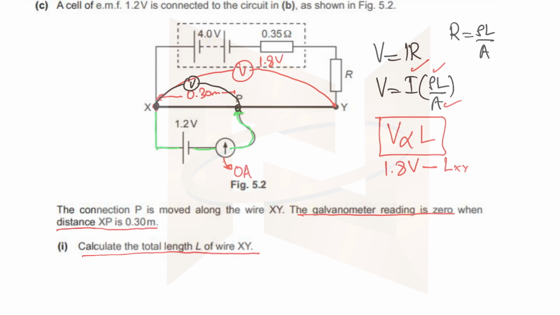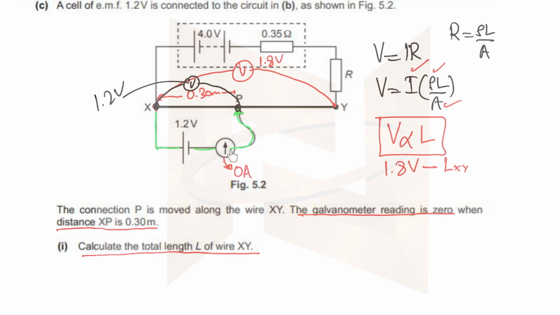Although this cell is giving you a voltage of 1.2, there's no current coming out of the cell. The reason is this voltmeter reading is also 1.2 volts. There's no potential difference. The voltage in this part and the voltage of the cell are the same. They're equal. You need a potential difference for current to flow.